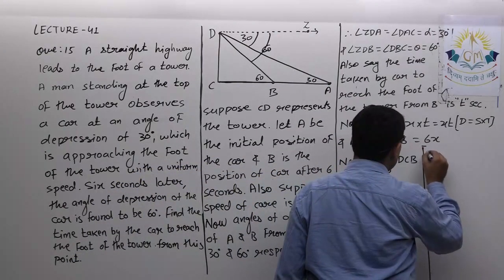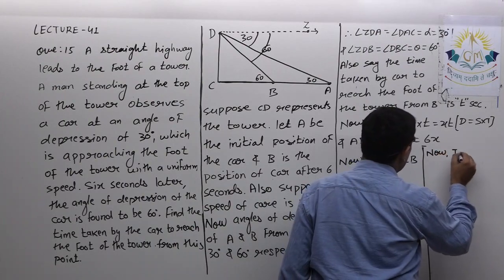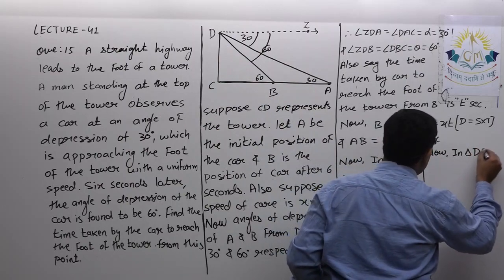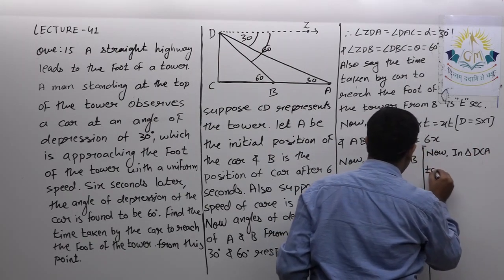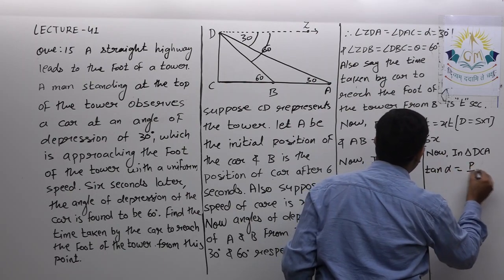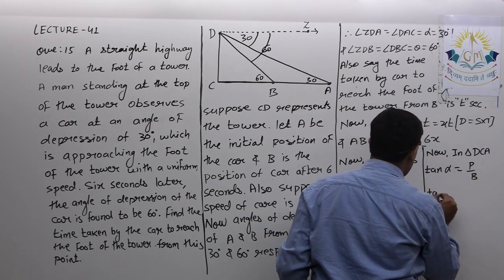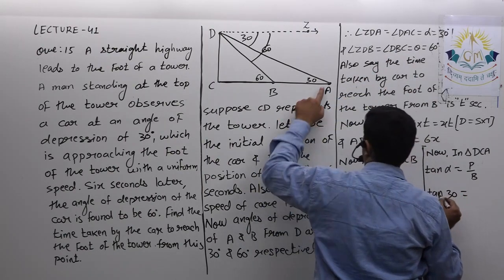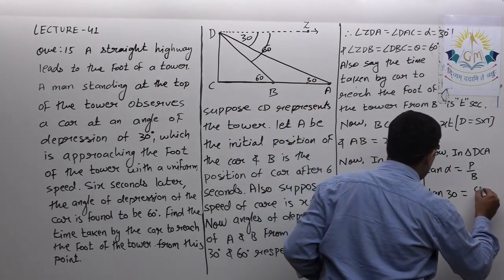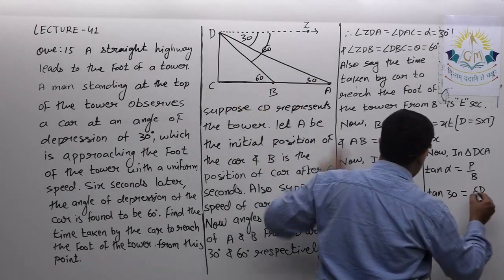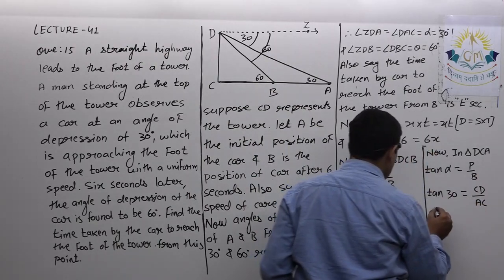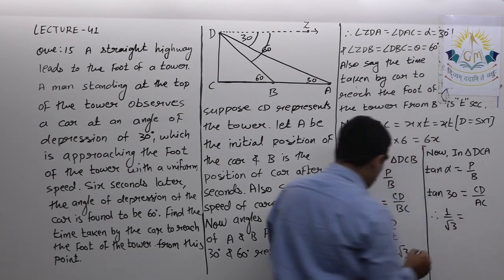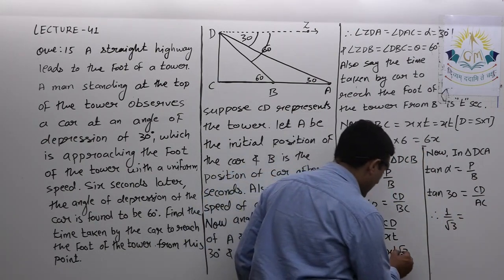Now in triangle DCA, I can apply tan of alpha, that is perpendicular upon base. Alpha is 30 degrees, so tan 30 is perpendicular CD and base AC. Now tan 30 is 1 upon root 3, and I can replace CD with xt root 3.